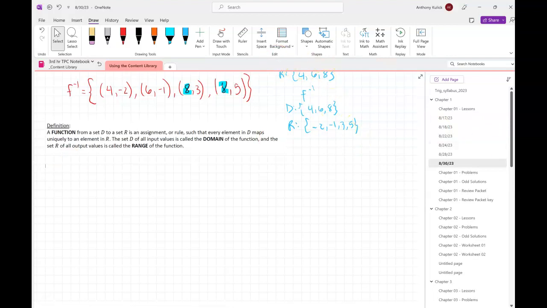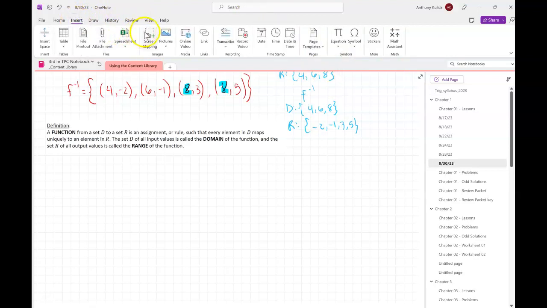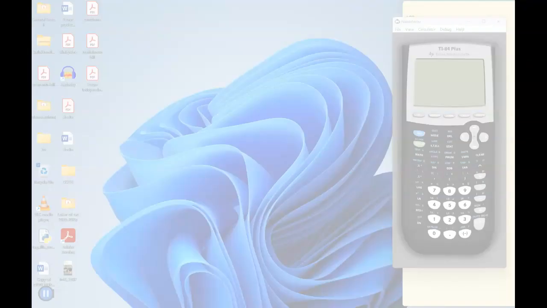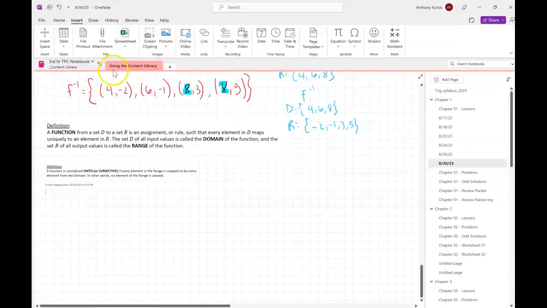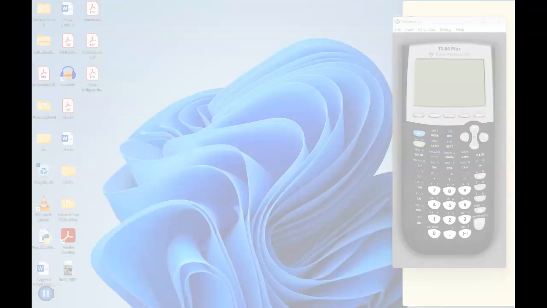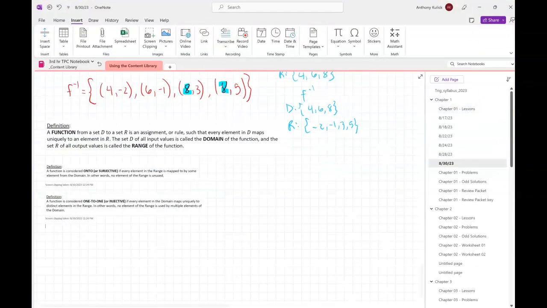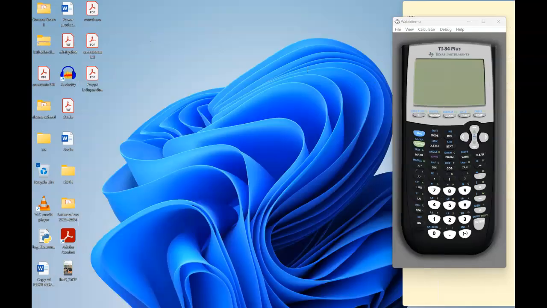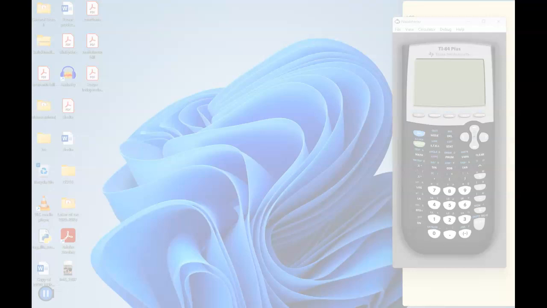Okay. So what I want to do next is introduce three new terms that we're going to use as additional function descriptors. These three terms are attributes used to describe some characteristic of a function. I'm going to put them all in at once, and then we're going to talk about them.